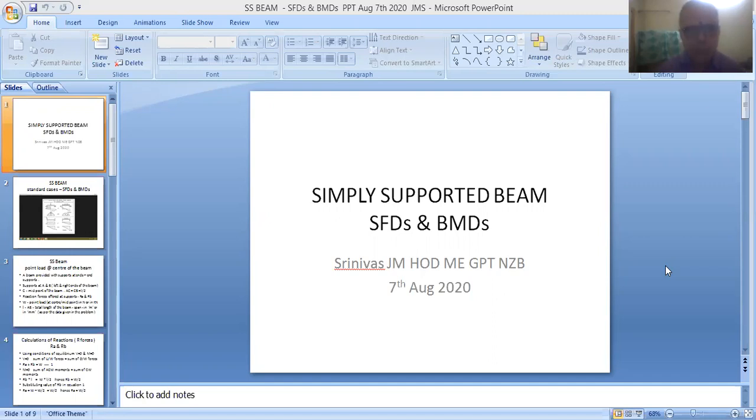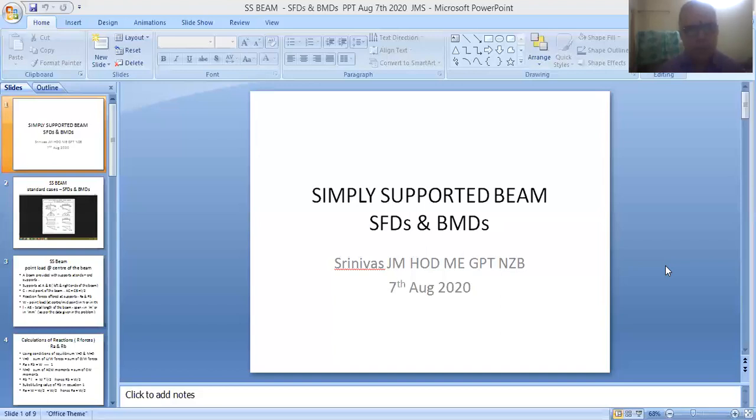That means the ends of the beam are provided with supports. Left end of the beam is provided with one support, and right end of the beam is also provided with another support. So as a whole, the beam is provided with end supports. Therefore, it is called a simply supported beam.